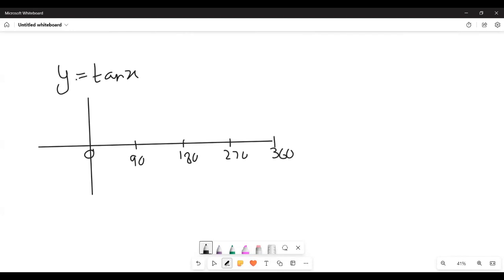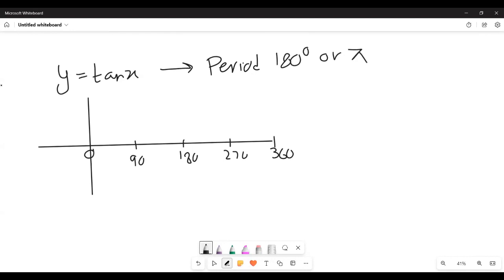Remember the period of tan from the last lesson. The period of sine and cos is 360, but the period of tan is 180. So the original period of tan x is 180 degrees or pi radians.